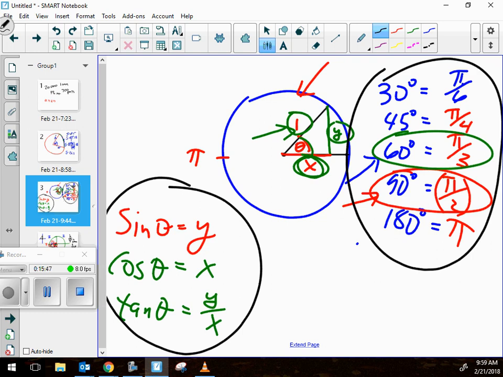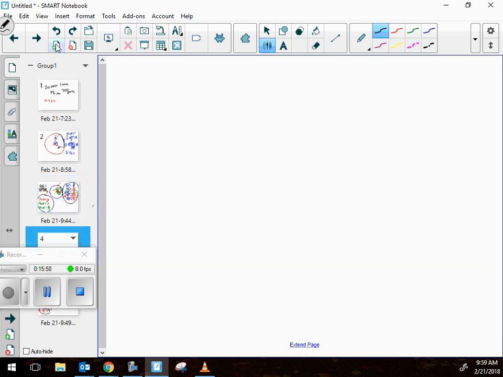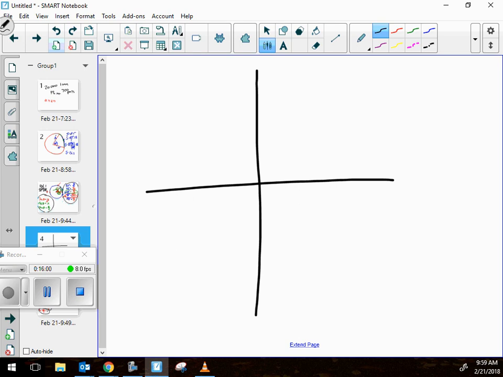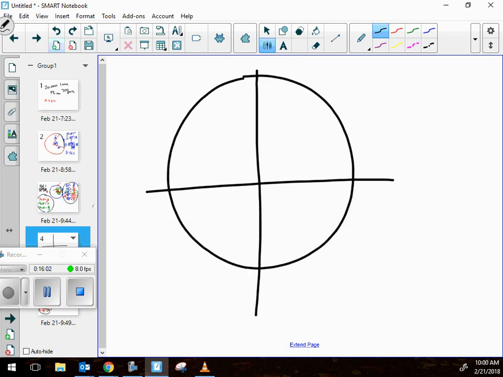And the quadrants, quadrant 1, 2, 3, and 4, they have to be memorized. You have to know them. There's another thing that you have to know. Actually, you don't have to, but I'm telling you, it's incredibly helpful if you memorize this one.